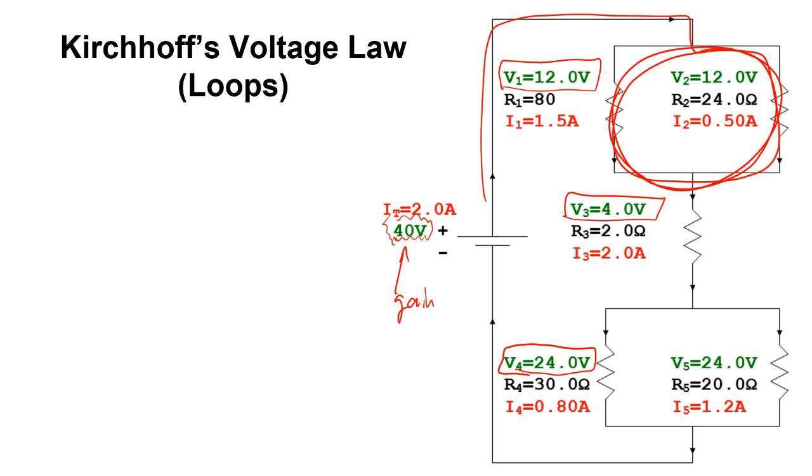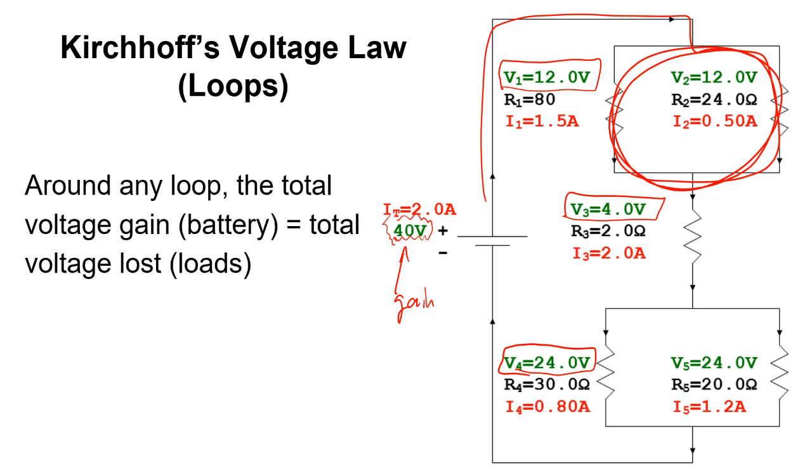Okay, so Kirchhoff's voltage law states that around any loop, the total voltage gains that come from a battery are going to be equal to the total voltage lost across electric loads as electrons go around a loop. And that has to do with the conservation of energy. Energy cannot be gained or lost as electrons go around a loop.